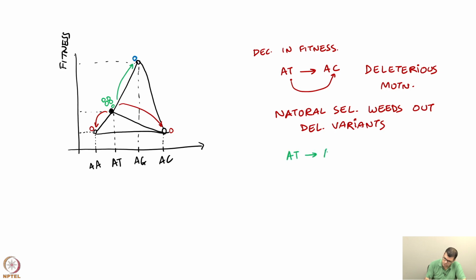the population moves to AG, and now because this has resulted in an increase in fitness, this is obviously a beneficial mutation.